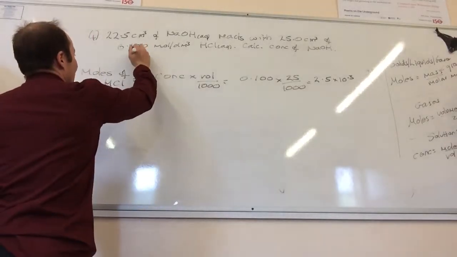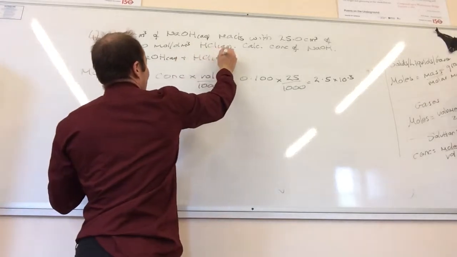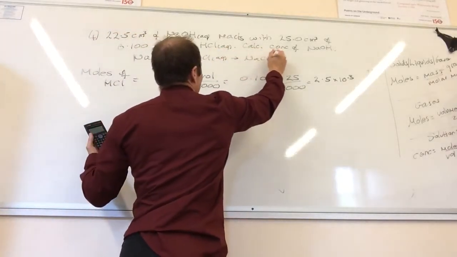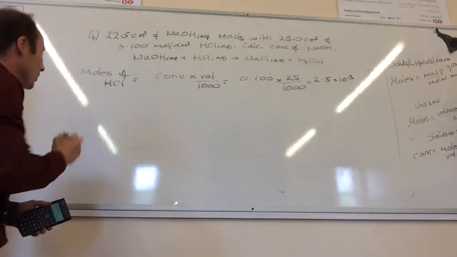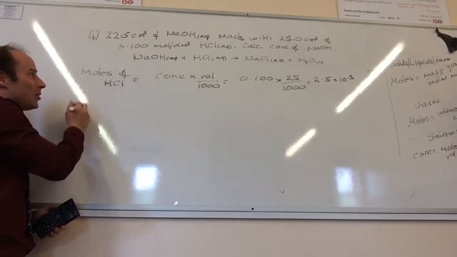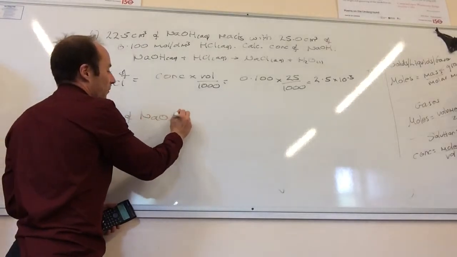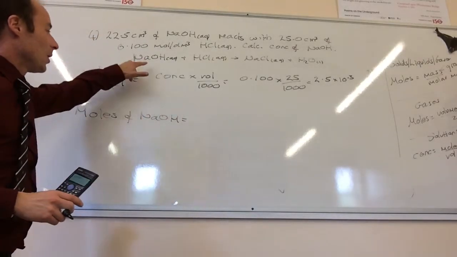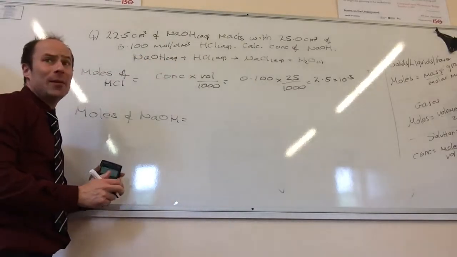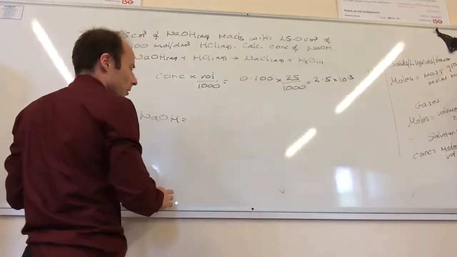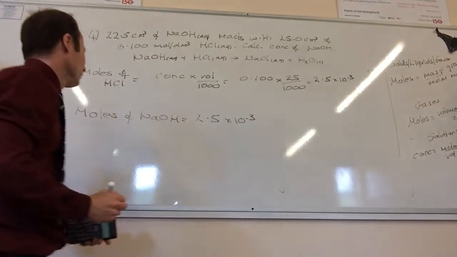Now the equation is NaOH aqueous plus HCl aqueous makes NaCl aqueous plus H2O liquid. So based on that, looking at the equation, how many moles of NaOH must have been present? 1 NaOH reacts with 1 HCl. So how many moles must I have? Must be the same. It's a 1-to-1.